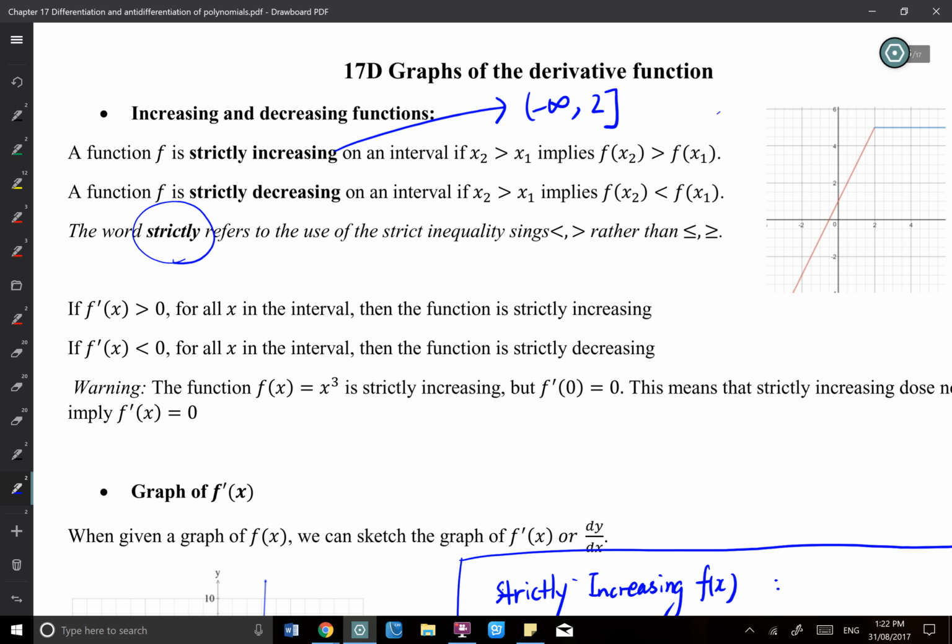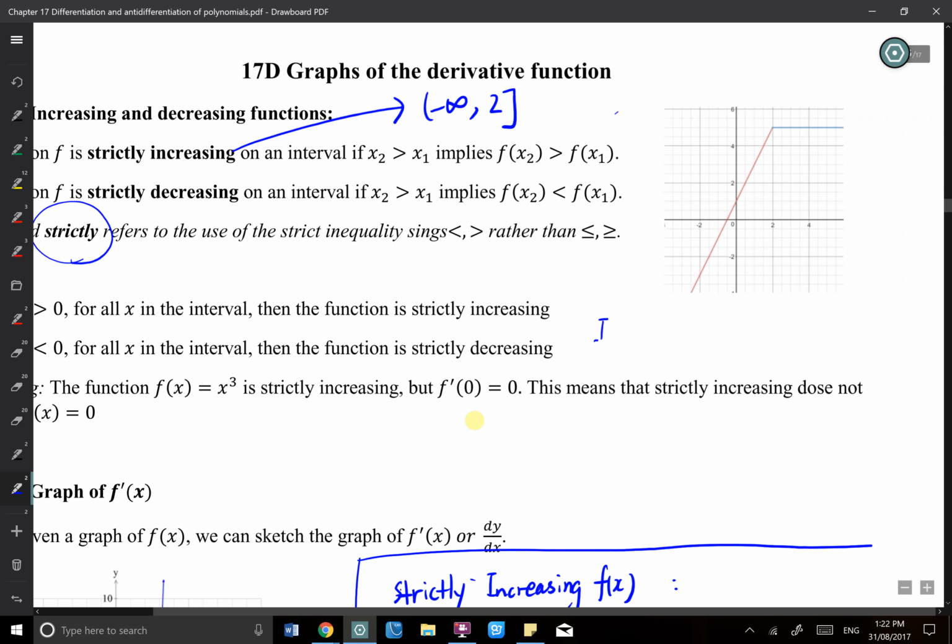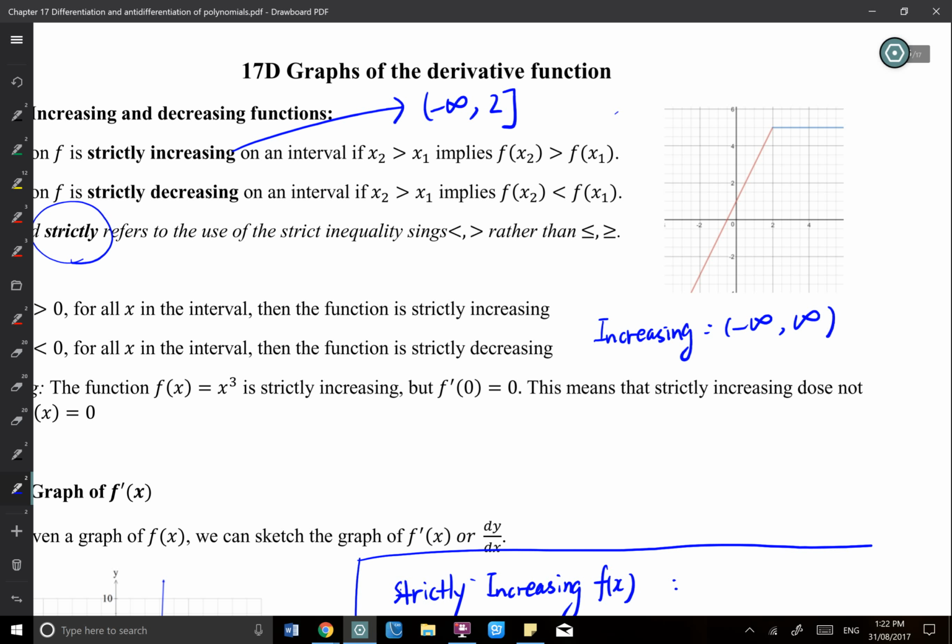So what is an increasing function? If I just say the word increasing, not strictly increasing, what will happen is -infinity to infinity. Everything will be called increasing function, because the definition for increasing is x increased, y not decreased.